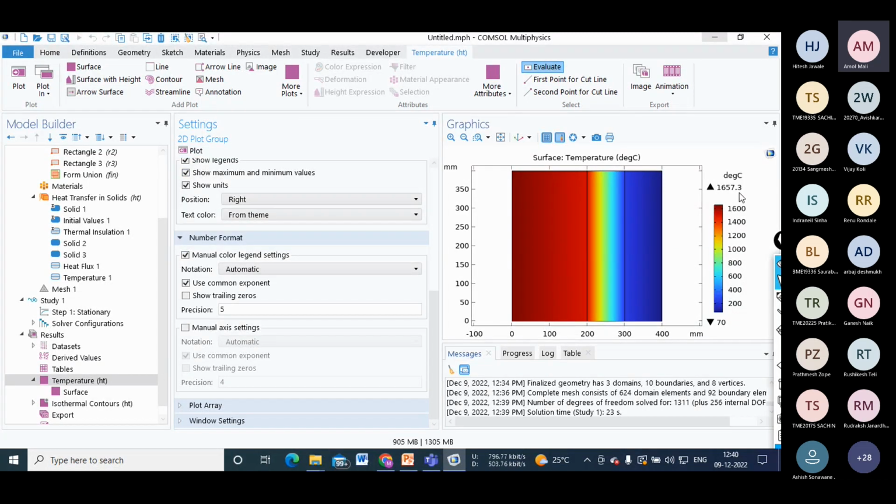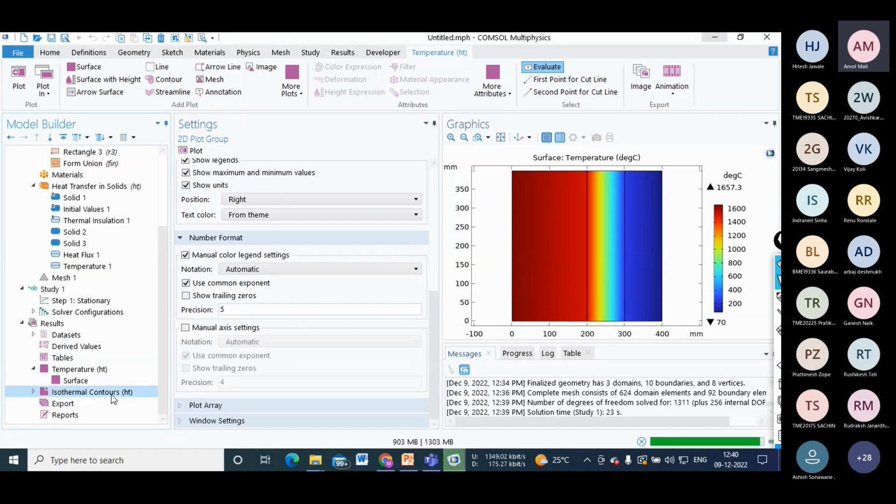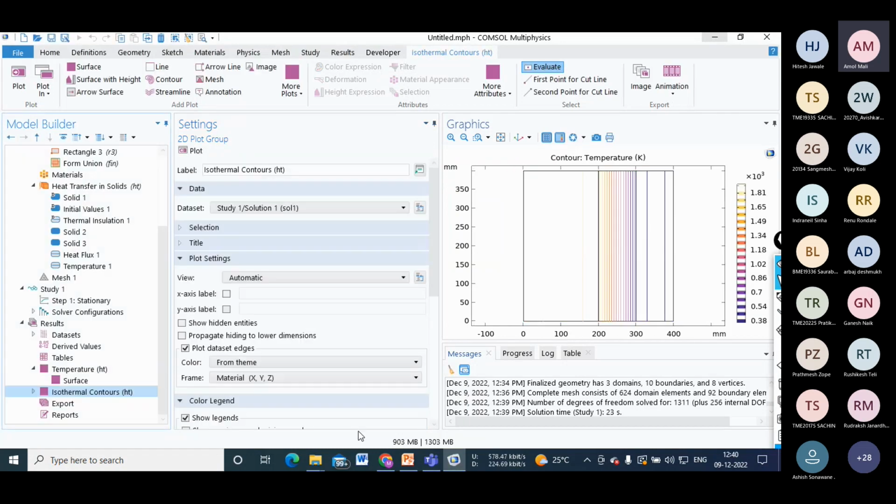Okay, so here you can see the maximum temperature is 1657.3 of this wall, inside wall. Outer wall, how much is it? Near about 70 degree temperature. Already we have provided 70, but T1 temperature also we can find out. Okay, isothermal contour also you can see here. You can see the direction of flow of heat also.